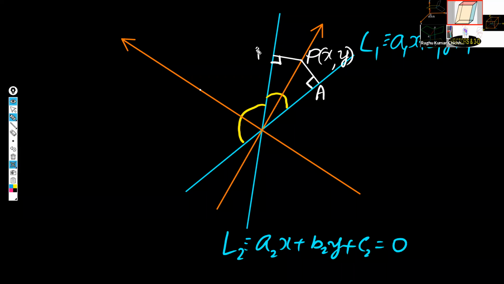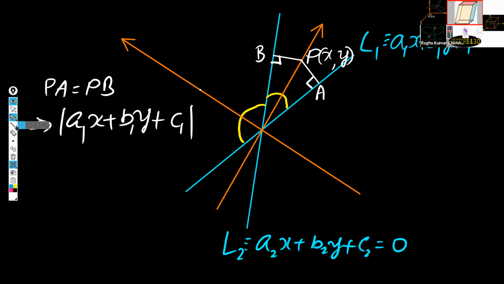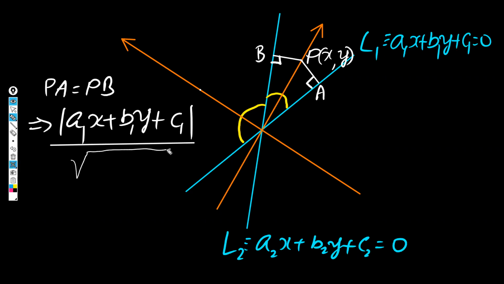PA, PB. Now, PA is equal to PB. Why should it be? Because it is angular bisector. It is a point on the angular bisector. Come on, tell me PA, please. Perpendicular distance from this point to this line. Modulus of A1x plus B1y plus C1 divided by under root A1 square plus B1 square.